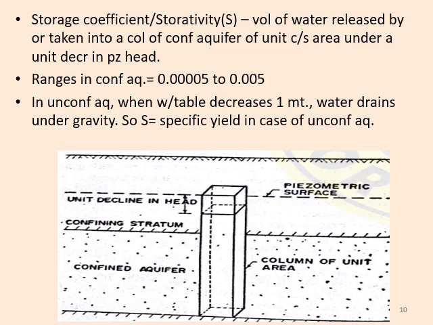But in the case of an unconfined aquifer, the water table will be the topmost level. When the water table decreases by 1 meter, water drains under gravity. So in the case of an unconfined aquifer, storativity equals specific yield, which we have seen in the earlier slide.